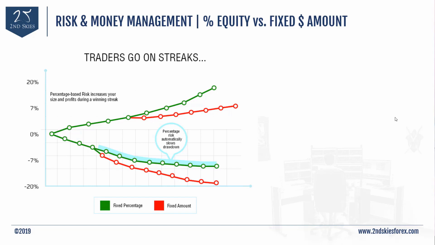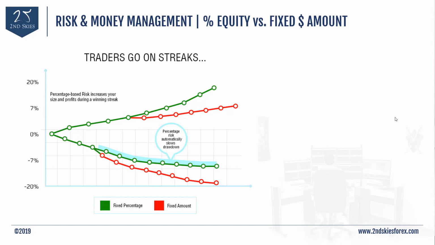It also makes it much cleaner for you to manage. If I know I'm risking 1% of my equity per trade, as my account grows or shrinks or is in flux over time, I can easily do that calculation of, hey, what's 1% of my account? If I go on a winning streak, I still know what 1% is in my account. I know what my equity is.